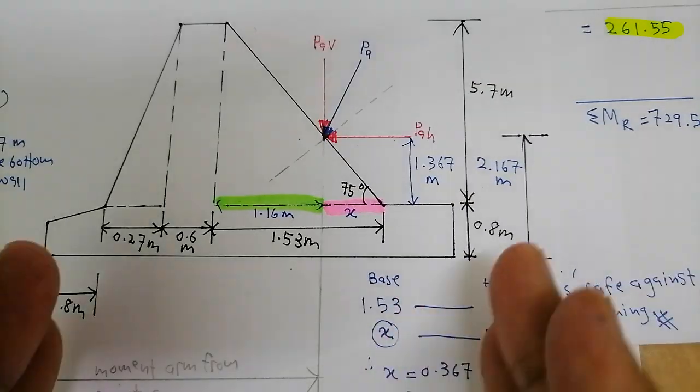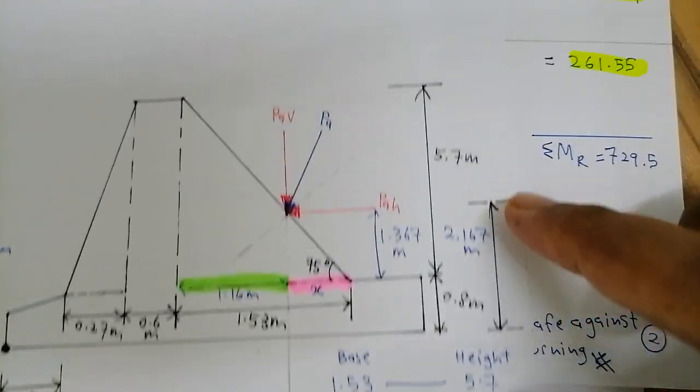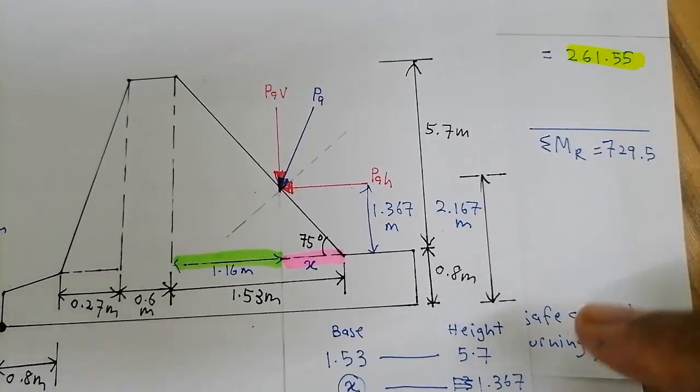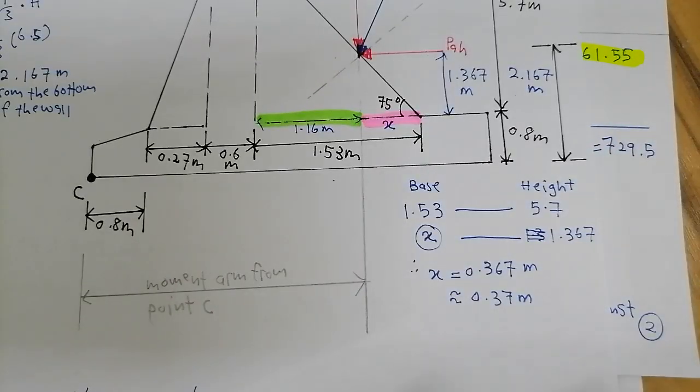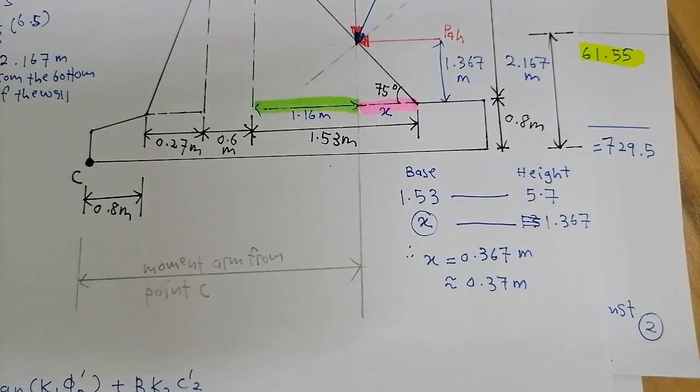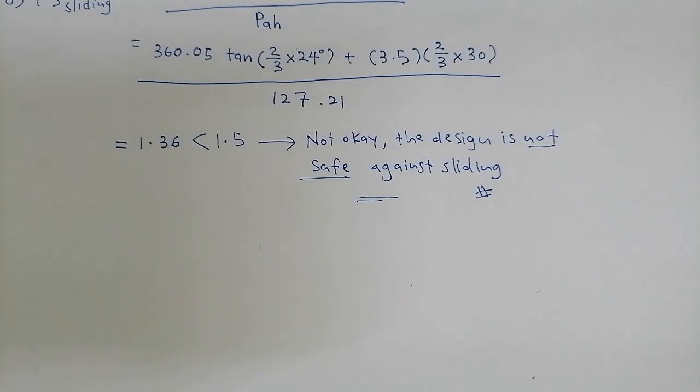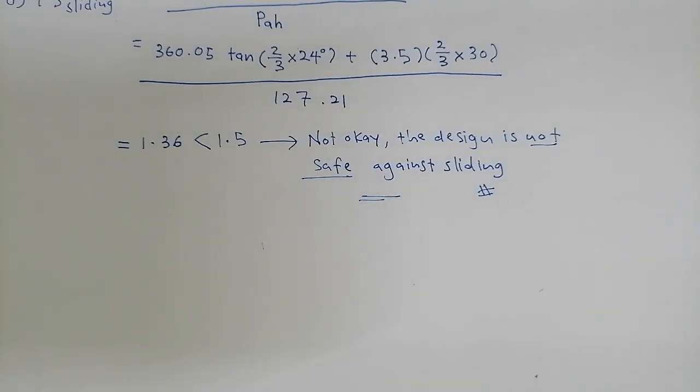Maybe you have to make it a bit wider or a bit higher, or a bit thicker or thinner. You have to change your design, the dimensions, and calculate again to make sure that it is safe for both overturning and sliding.